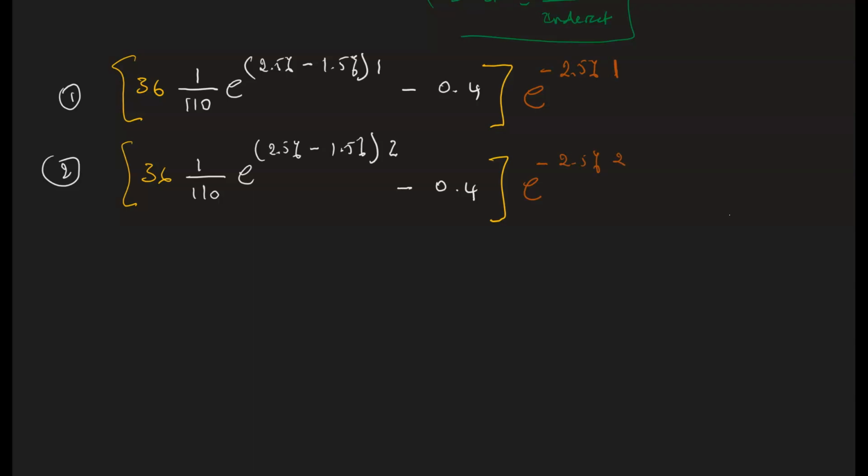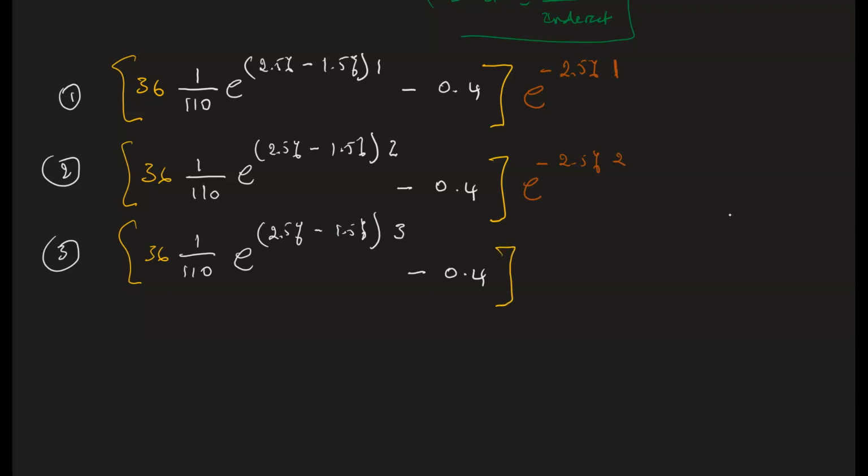And my last cash flow is very similar: 36 million, which I'm going to convert into US dollars, 1 over 110 times the exponential of 2.5% minus 1.5% for 3 years, minus the 0.4 that I have to pay.